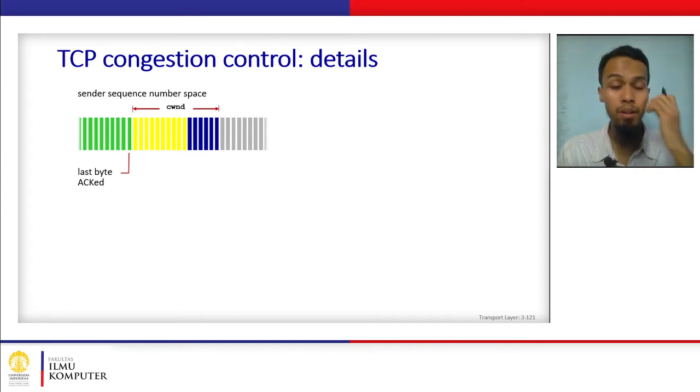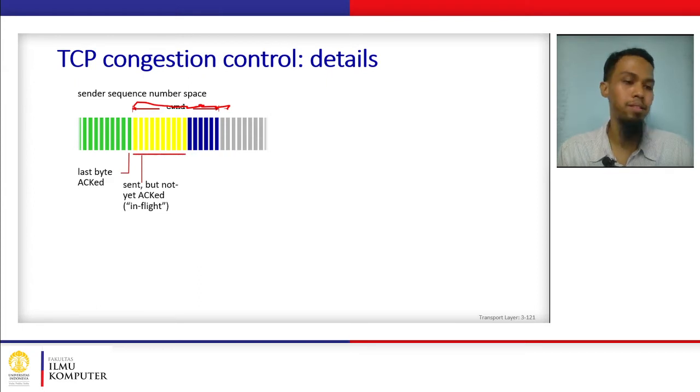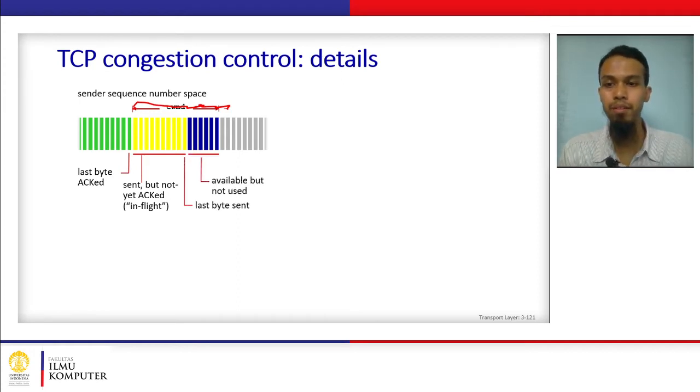This means that the sender can send segments up to this many bytes in the congestion window. But it only sends this yellow segment, and there are still several bytes that can be sent in the blue segment.